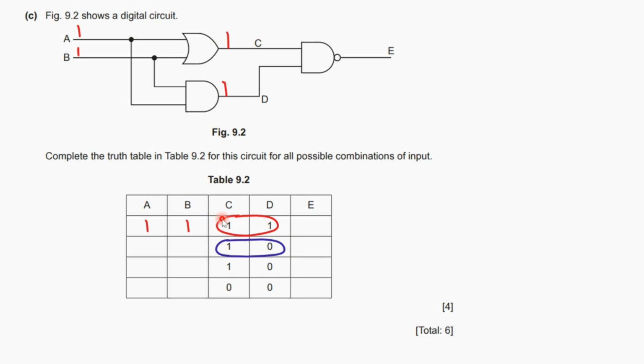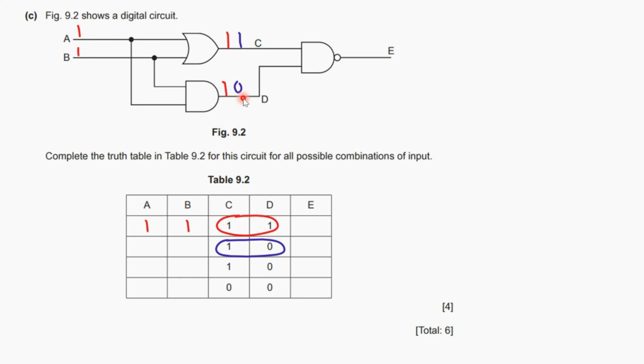For case 2, C is 1 and D is 0. So I would write 1 here, and D is 0. C at 1 means no problem if A is 1 or B is 1, so 1 or 0, as I said before.